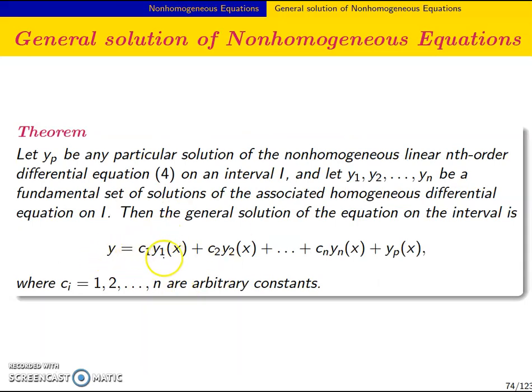Such as this, y equals y1, this is my yc, the complementary function, which you obtain from the homogeneous equation where you have 3 cases for the characteristic equation, and this is the one we call the particular solution for non-homogeneous equation.